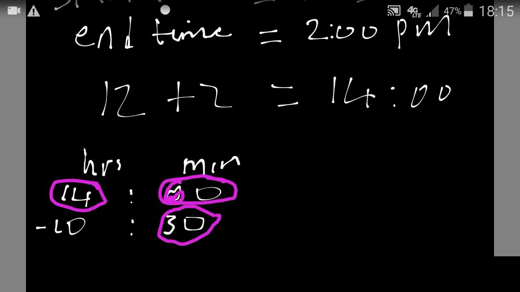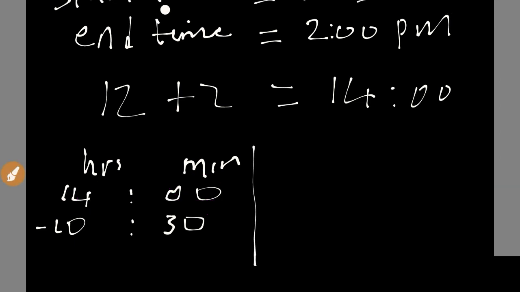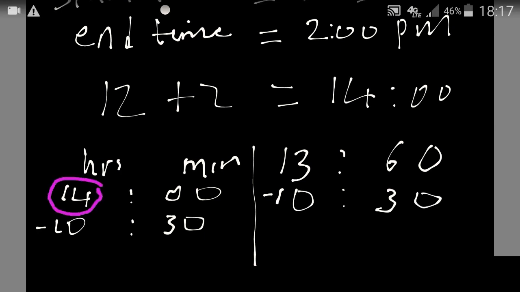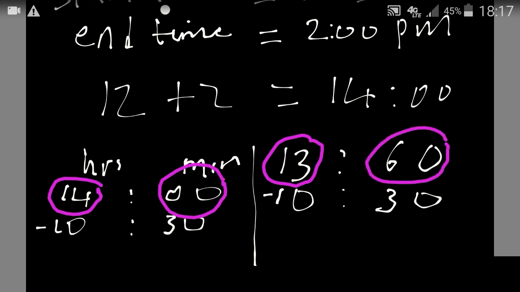So we are going to have 60 minutes. And then here will be remaining 13. So we are going to have 13, 60, take away 10, 30. Understand that we have taken 1 hour from 14, and what remains is 13. And that 1 hour, we have changed it to minutes and added it to this, and that is why we have here 60. So now we can do our subtraction.